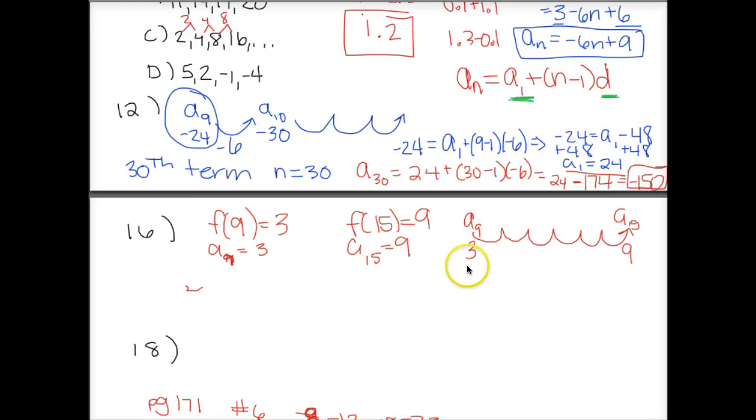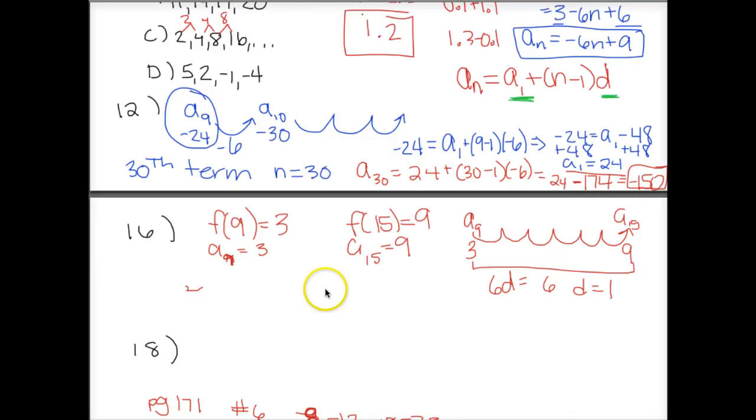So in between these two values is a difference of 6. If you count how many common differences we have there, there's 1, 2, 3, 4, 5, 6 common differences. So what we did in class is we said if there are 6 common differences and the difference across the entire distance is 6, that means 6d equals 6, which means the common difference is 1.